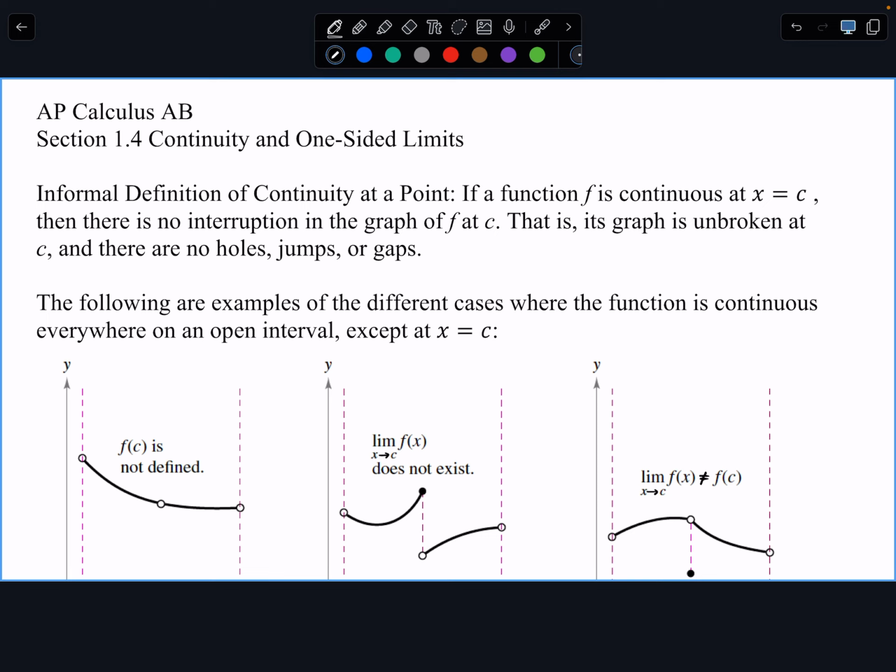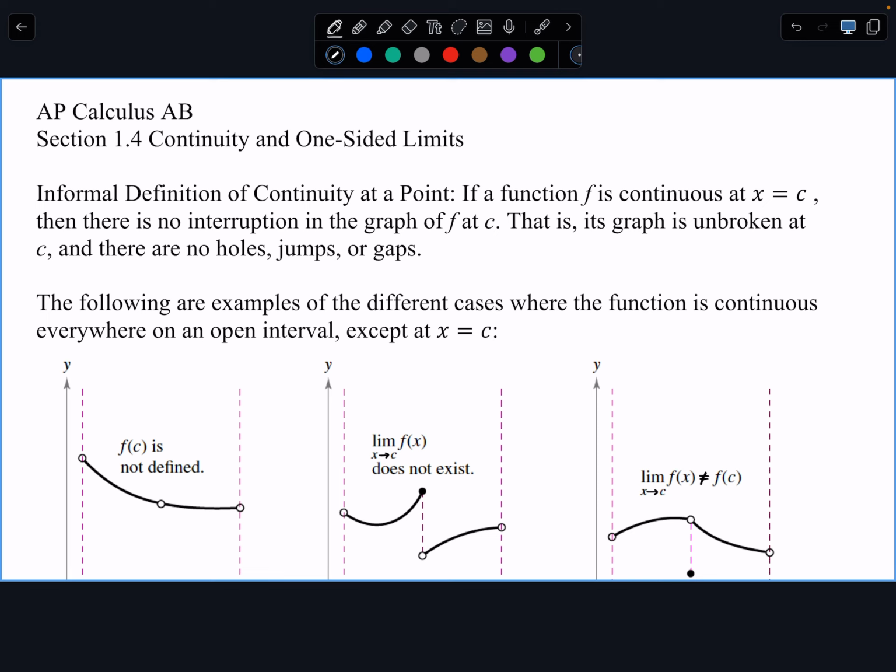Yeah. So you guys, section 1.4 is going to feel very familiar because we're basically taking everything we've talked a lot about in the past, right? Continuity, different types of discontinuities that occur. But we kind of have this informal definition of what it meant for a function to be continuous at a point or on an interval, right?